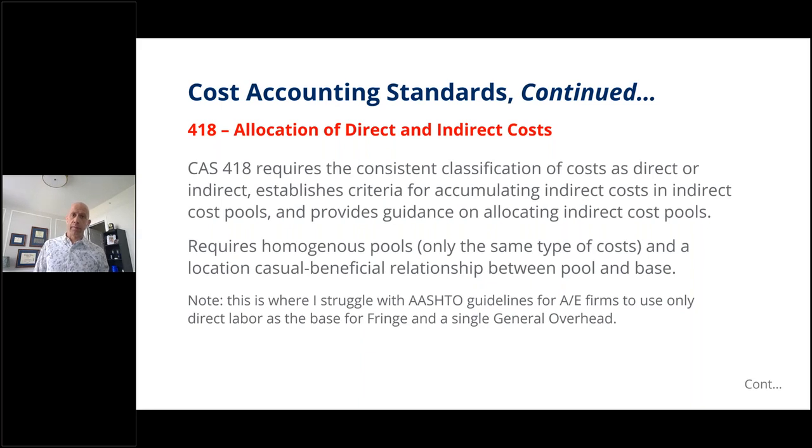A little note here, if anybody out there deals with the AE or architect engineer firms that are doing business with the federal government, well, actually even with the state government, they have a unique requirement that fringe and overhead are both allocated only over direct labor.